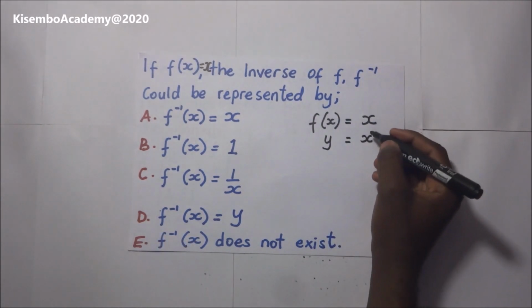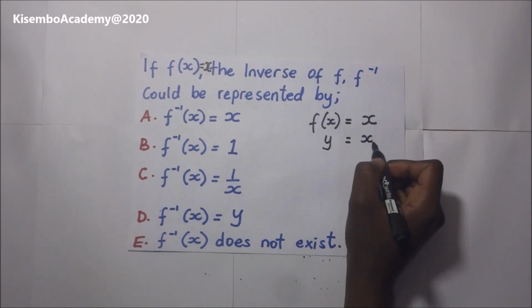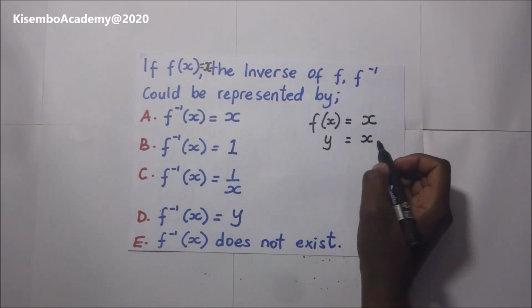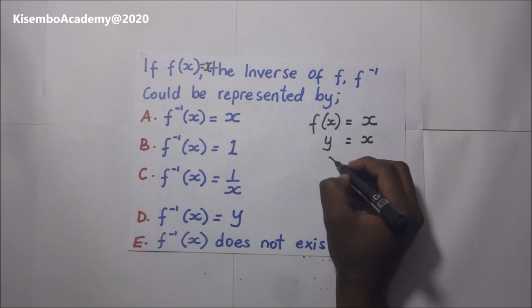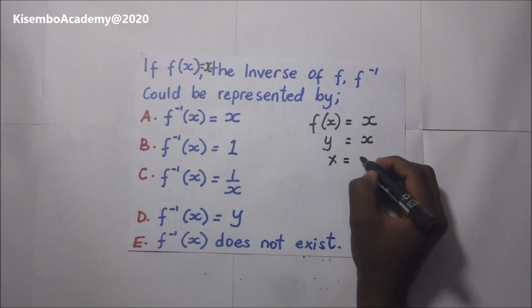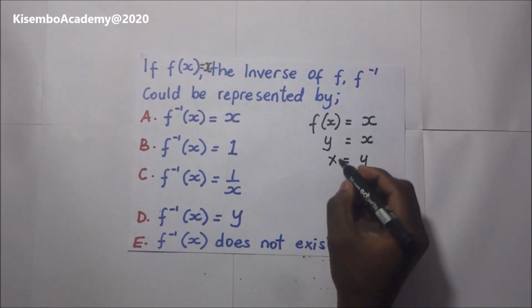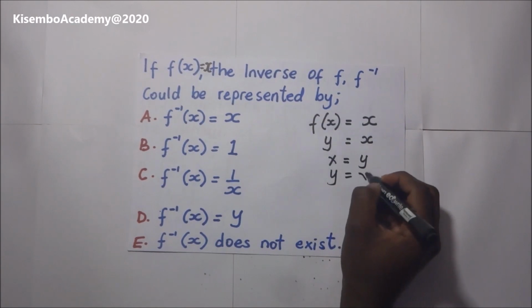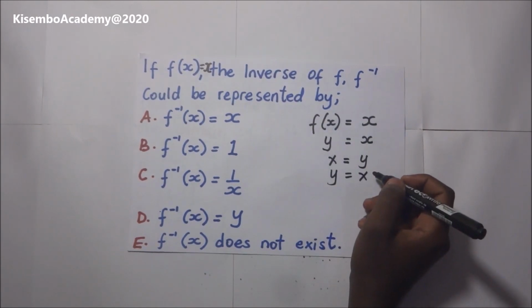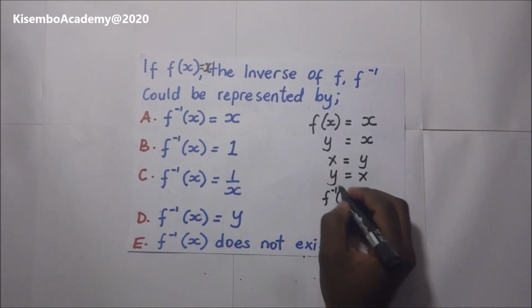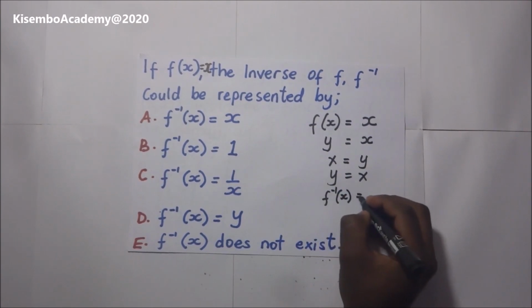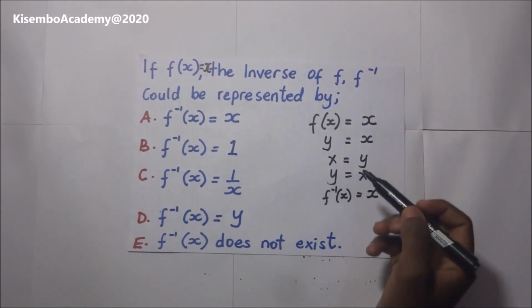Of course, already here x is the subject, so x is equal to y. If we flip those, y will still be equal to x. What does that mean? It means that the inverse of x is still going to be x, and our answer here is A.